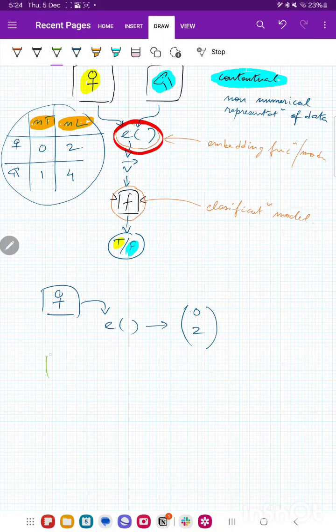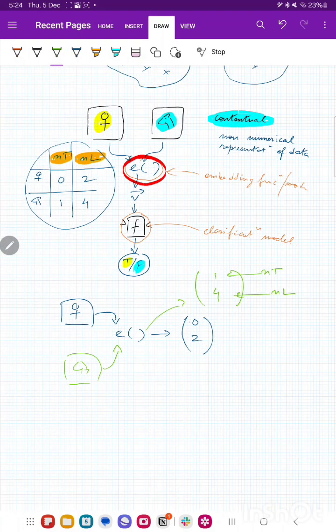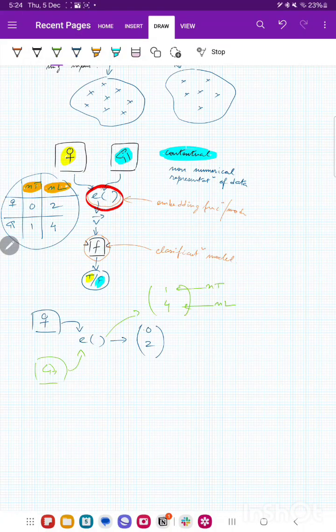And if we give it a dog input, then it will give 1, 4. So 1 is the number of tails, 4 is the number of legs, right? So we have been able to extract numerical information, non-contextual information from contextual data using the embedding model. Now this is the significance of the embedding model, basically.